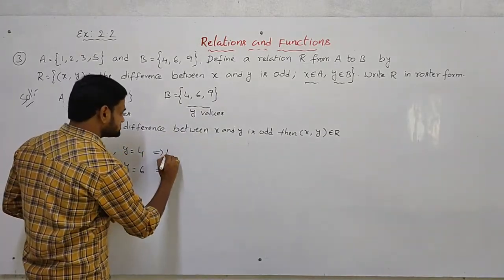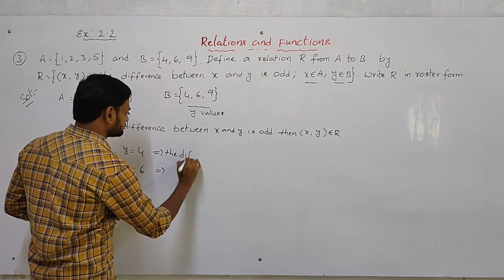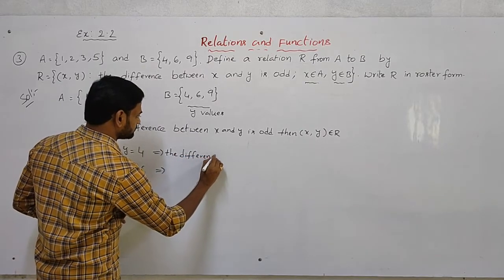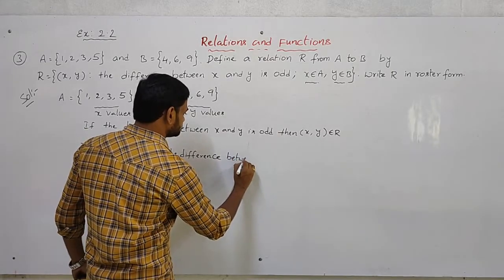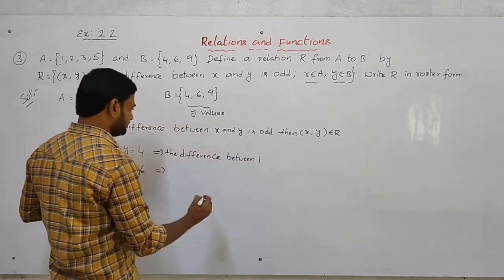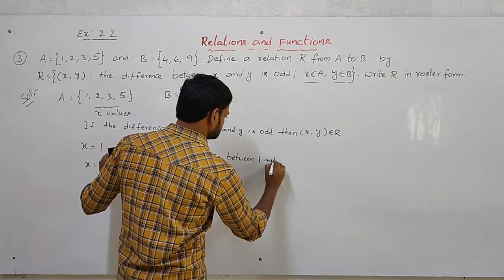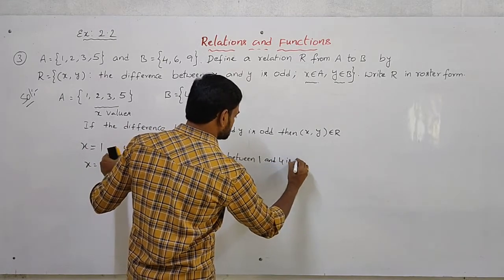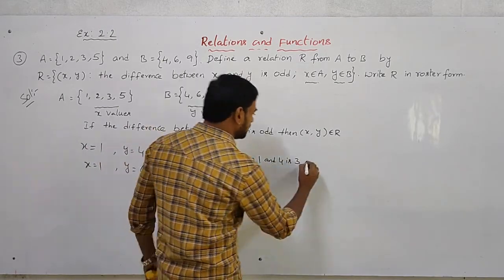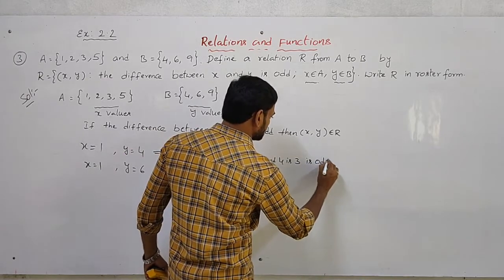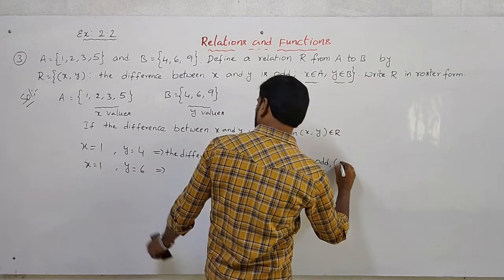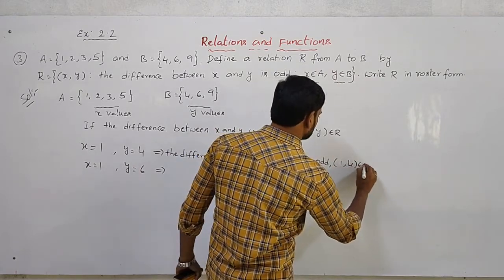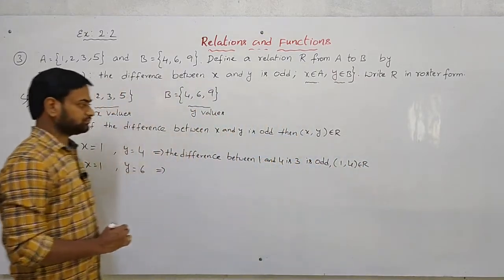The difference between 1 and 4 is 3, is odd. When it is odd, 1 comma 4 belongs to the relation like that.